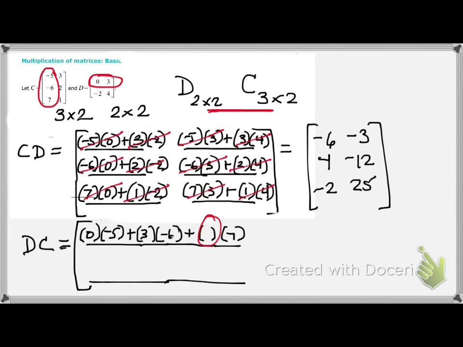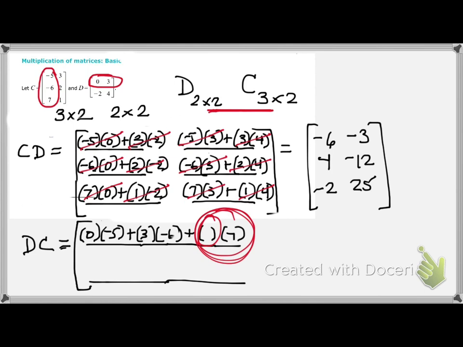So even if I don't catch that these numbers don't match, so I can't multiply them, once I try to do it, if I've done enough matrix multiplication to understand how it works, I would see that this doesn't make sense here. The 7 doesn't make sense.